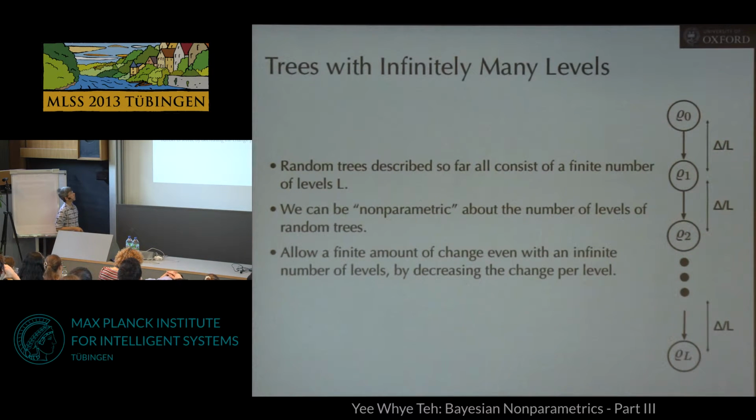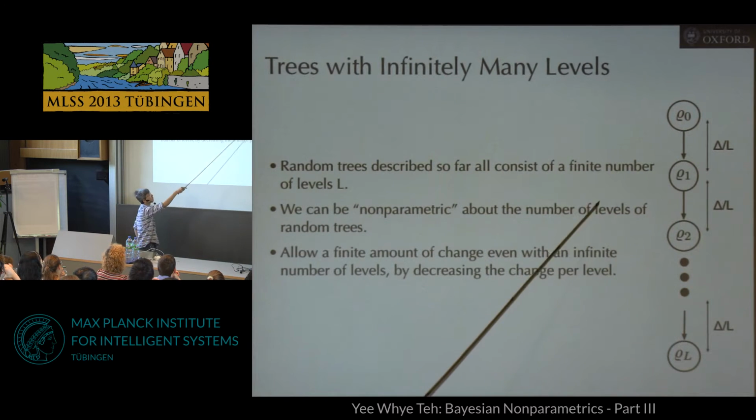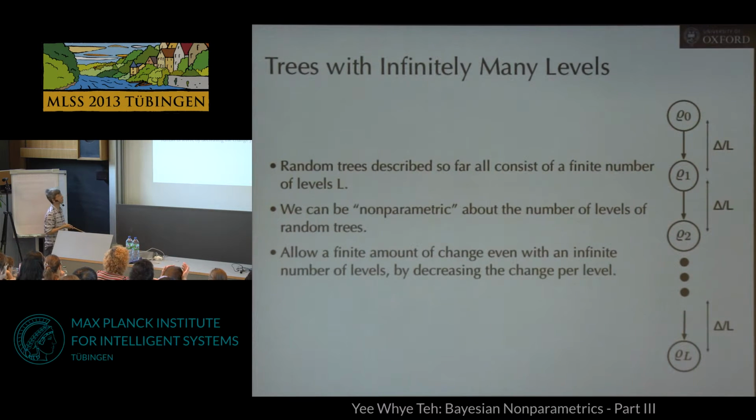Okay. So the idea here is that we have Bayesian nonparametric models for trees, but the trees are limited to a finite number of levels, right? But what if we would like to take the number of levels to go to infinity as well, to be even more nonparametric in some sense?